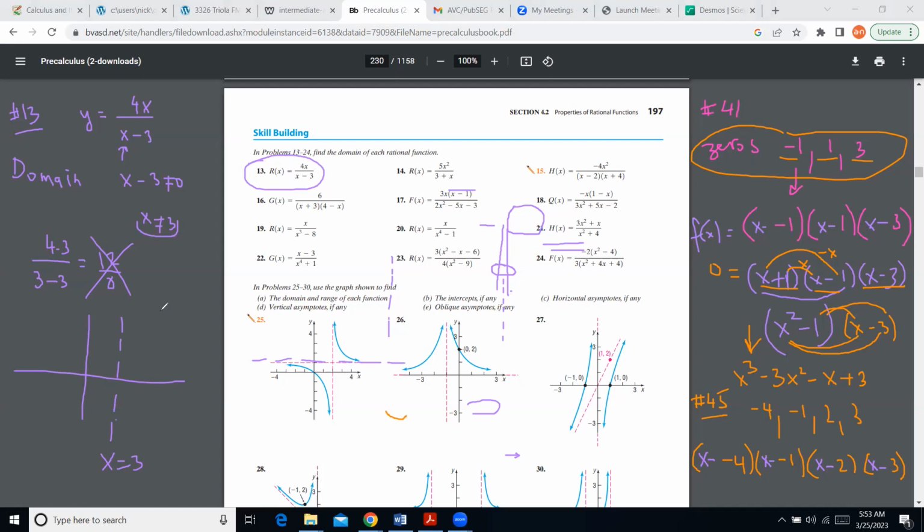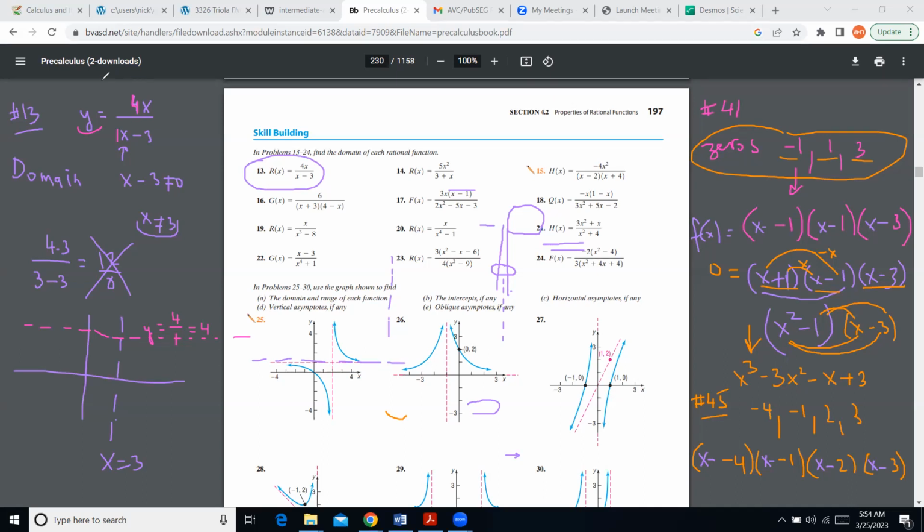And the way to produce this so-called horizontal asymptote will be to look at the numbers that are multiplied by x here and see that 4 is on the top multiplied by x and 1 is on the bottom. So we're going to get y equals 4. So the other asymptote, which is called horizontal, will be y equal to 4.